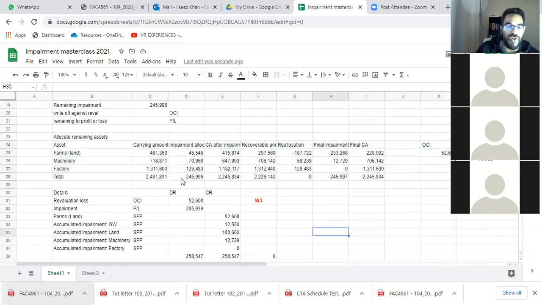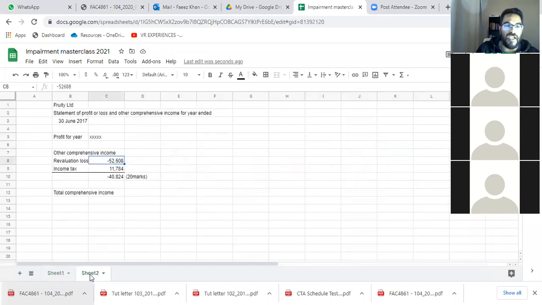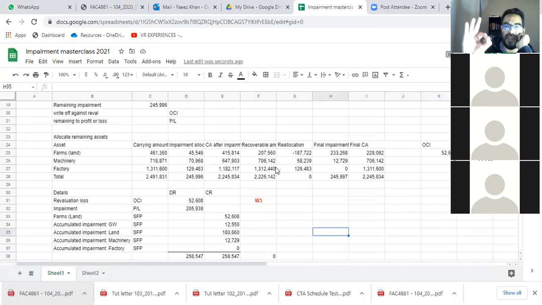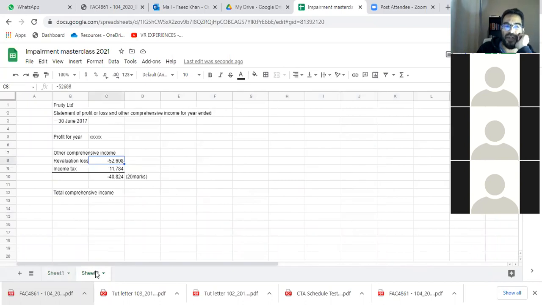They asked you for the statement of comprehensive income. So if you didn't get to this point, even if you got everything correct, they can, if they want to, give you straight 0 because you didn't answer the question. The 20 marks was allocated over here.